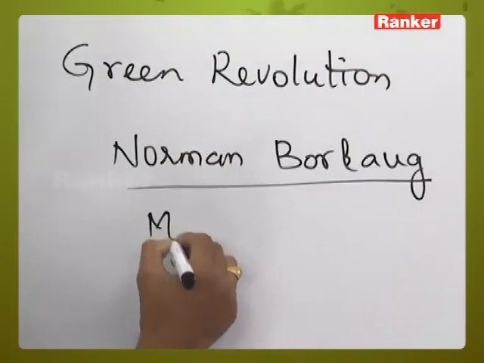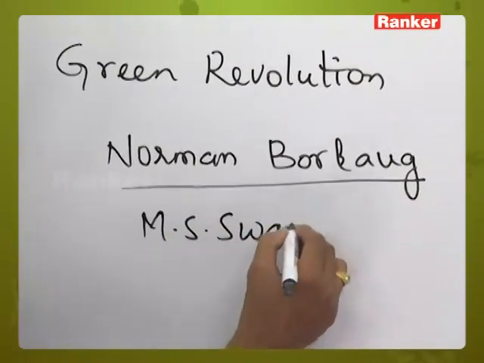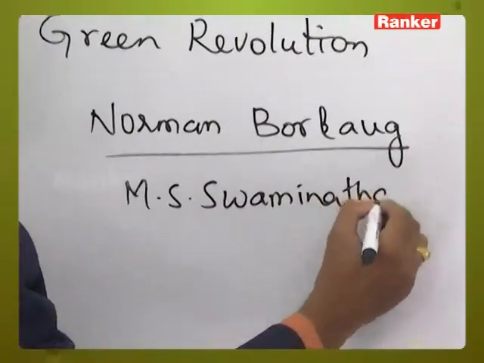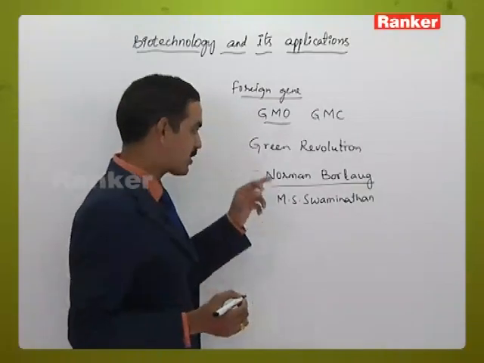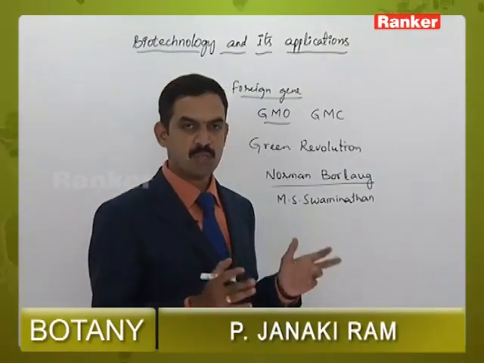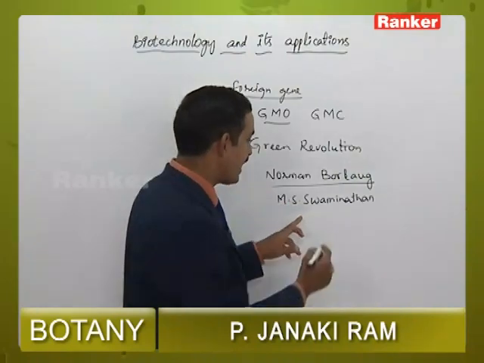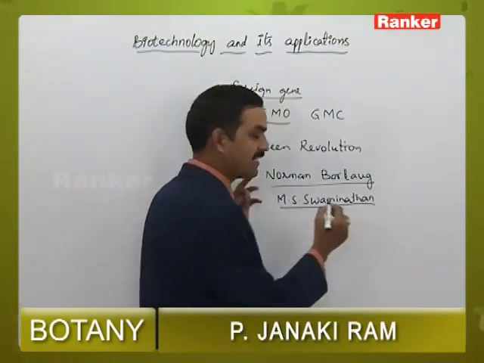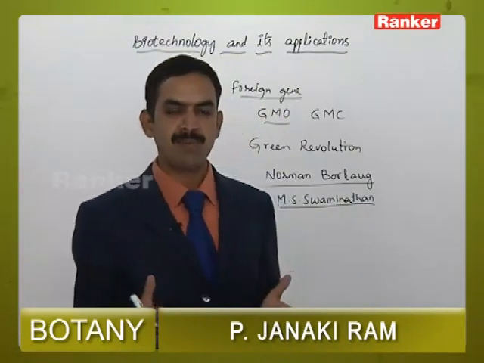Whereas there is one more scientist called M.S. Swaminathan. He is an Indian scientist who introduced the dwarf variety of wheat produced by Norman E. Borlaug to India, and did hybridization with that dwarf variety and produced new varieties of wheat plants in India.